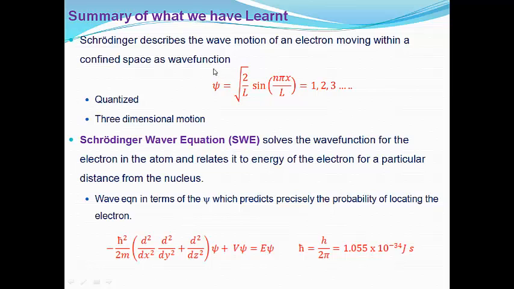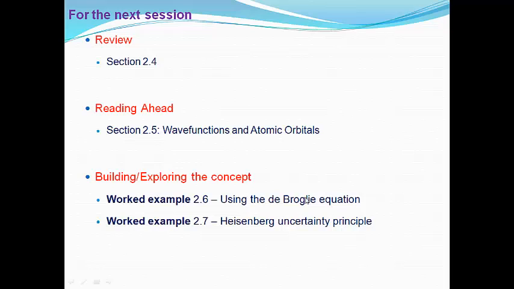And the value of the wave function is essentially solved and linked directly with that of the energy of the electron, which is summed up in the Schrodinger wave equation, which links directly the kinetic energy with the wave function, the potential energy with the wave function, and equates those with the total energy of the system.